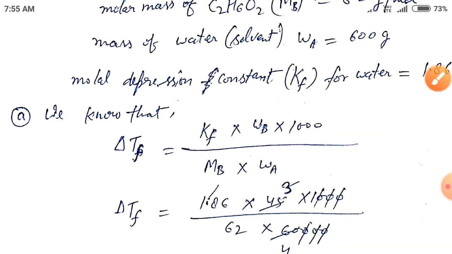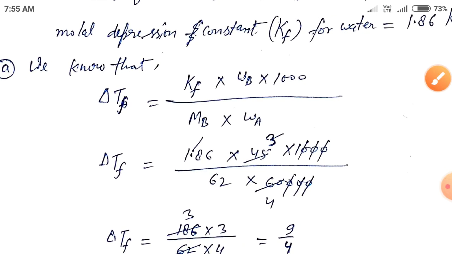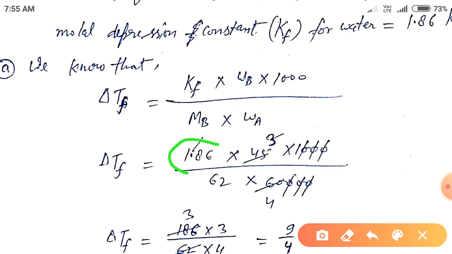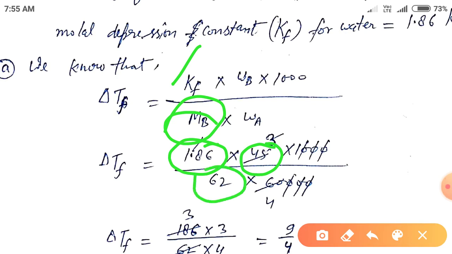We know the values of all these. The value of Kf is 1.86. WB, that is 45 grams, 1000 as it is. MB, that is the molar mass of a solute. Here solute is the ethylene glycol, that is 62 grams.